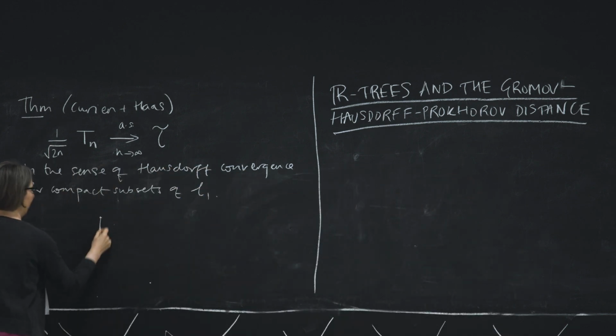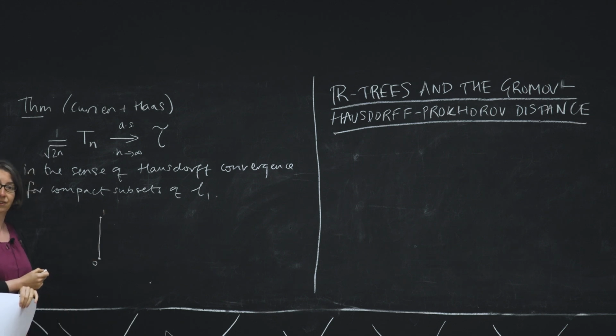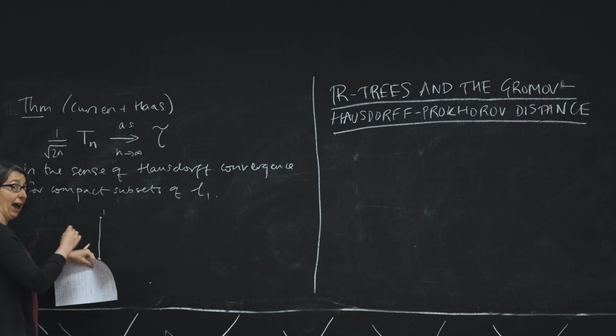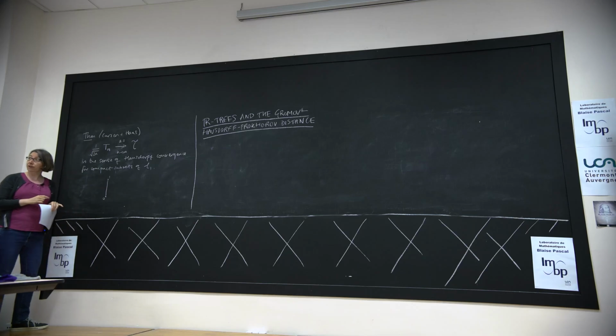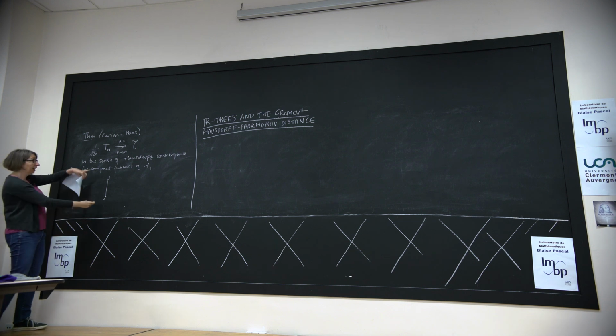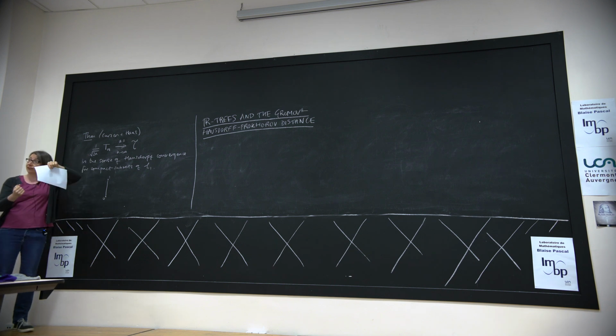So think about what happened. We started with our first edge, and as the construction goes on, it's going to change in total length, and I'm also going to rescale by 1 on square root of 2n at each step.